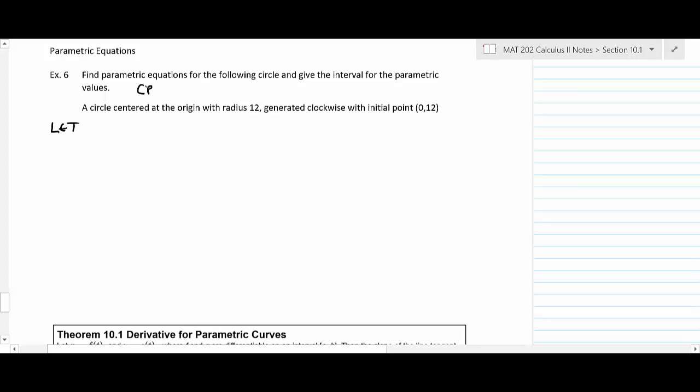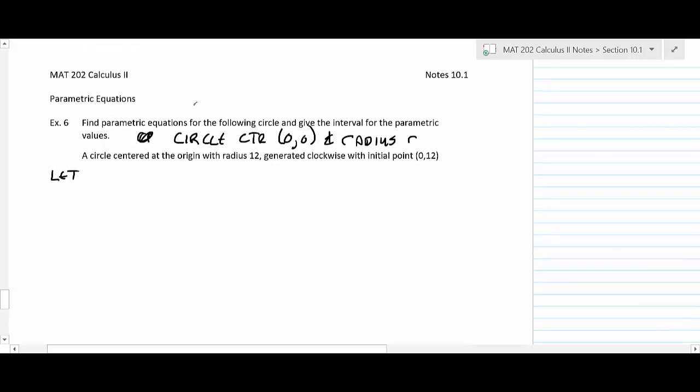If you have a circle with center 0, 0, and a radius, which we call r, here's what you use. When you parameterize a circle, you let x equal r cosine t, and you let y be r sine t. That's just like the problem I just did, where you had 3 cosine t, 3 sine t.